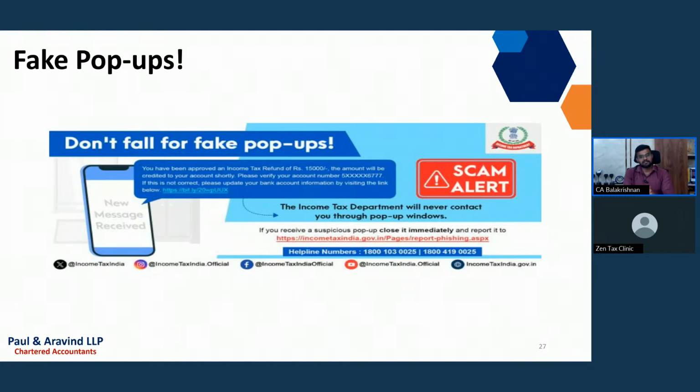The department will never send a notice with a link. If you have received a mail with a link, just check the mail ID. It will definitely not be from the income tax department. Even if it is named as the income tax department, please log into the income tax portal and check whether you have received the notice in the e-proceedings tab.